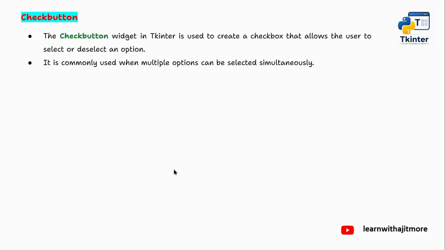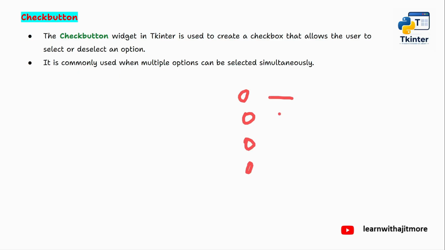Many options are there, but it's not a hard and fast rule that you have to select only one option from all the options. If you want exactly one option from all the options, then go for a radio button, not a check button. A radio button shows a circle like this.